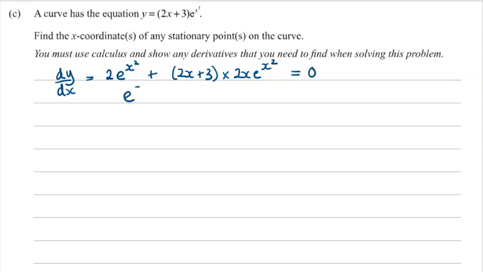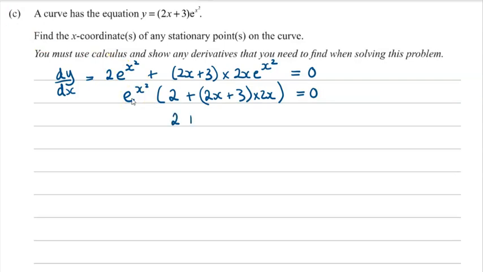So I'm going to take out a factor of e to the x squared, and we get 2 plus 2x plus 3 times 2x. Well, e to the x squared, just here, it can't equal 0. There's no solutions to that. So it must be the rest of this bracket here.